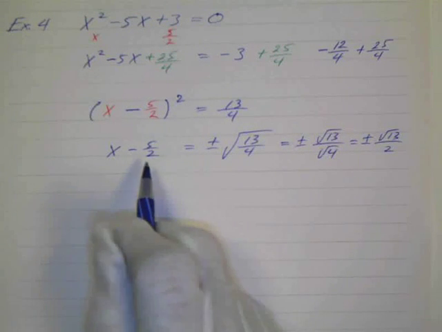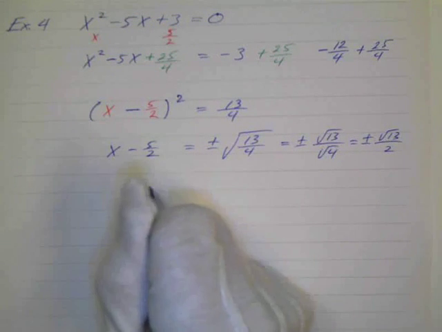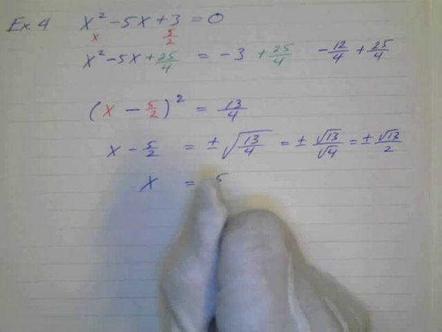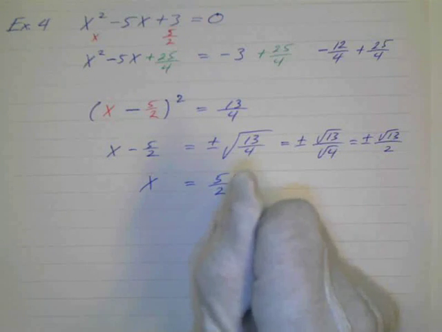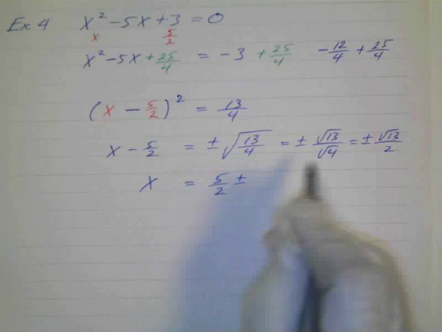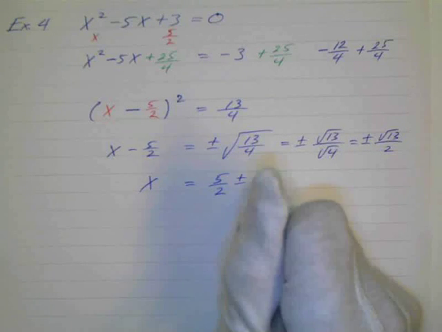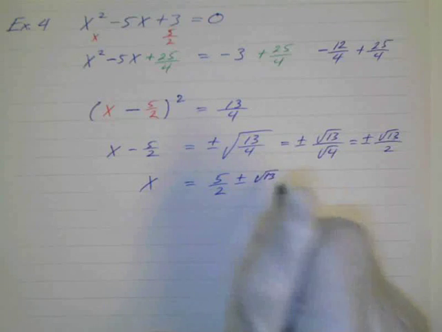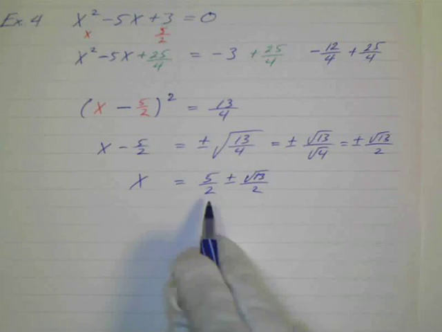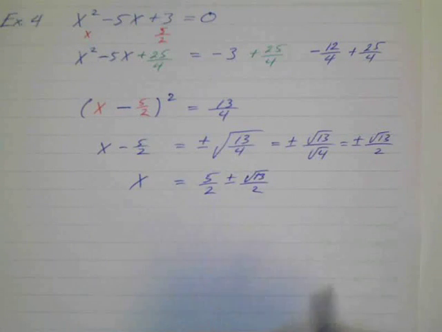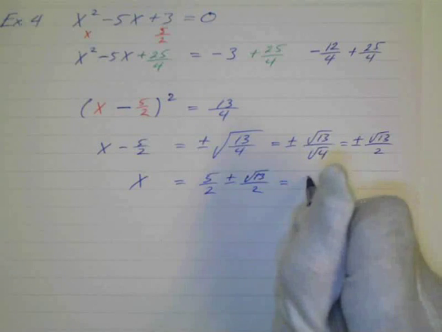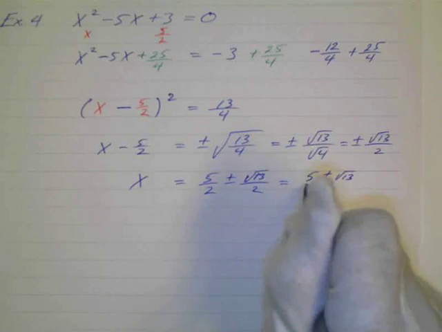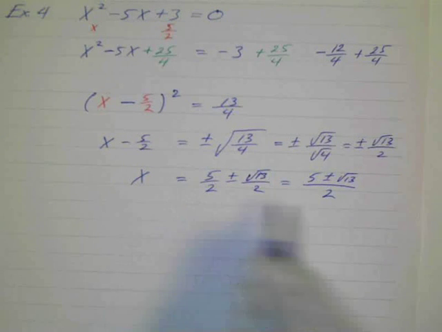And then I can just add 5 halves to both sides. So I've got x equals 5 halves plus or minus the square root of 13 over 2. And since they have a common denominator, we could put them back over the common denominator and say that's the same thing as 5 plus or minus the square root of 13, all over 2. Either way is fine.